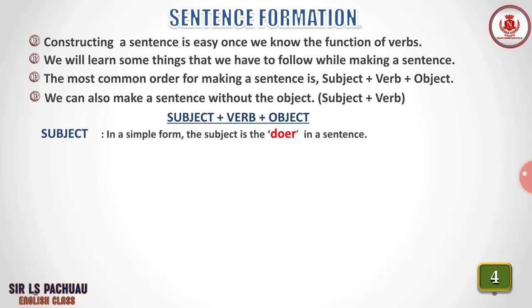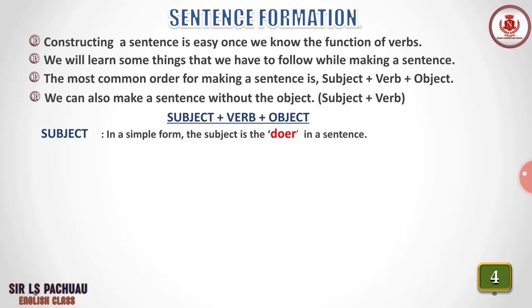In a simple form, the subject is the doer in a sentence. Doer means when we are going to make a sentence with a doing word, the subject is the doer in a sentence. The one who does the action, or the verb, the action verb.